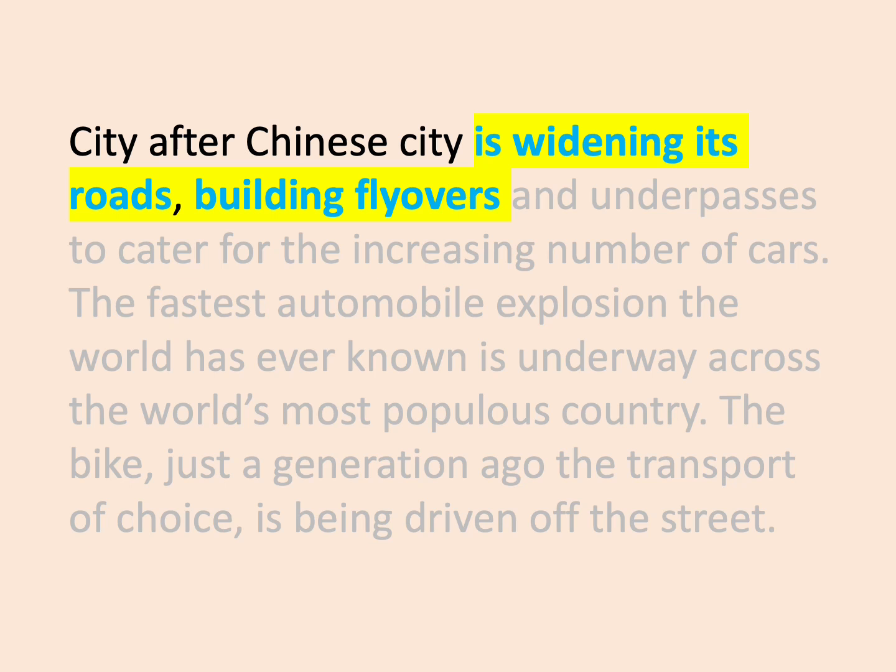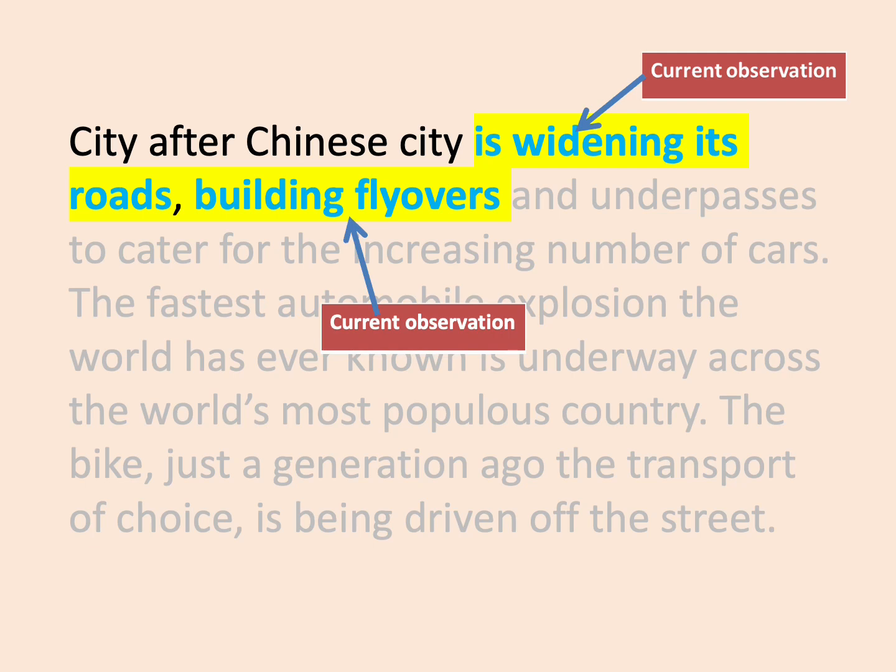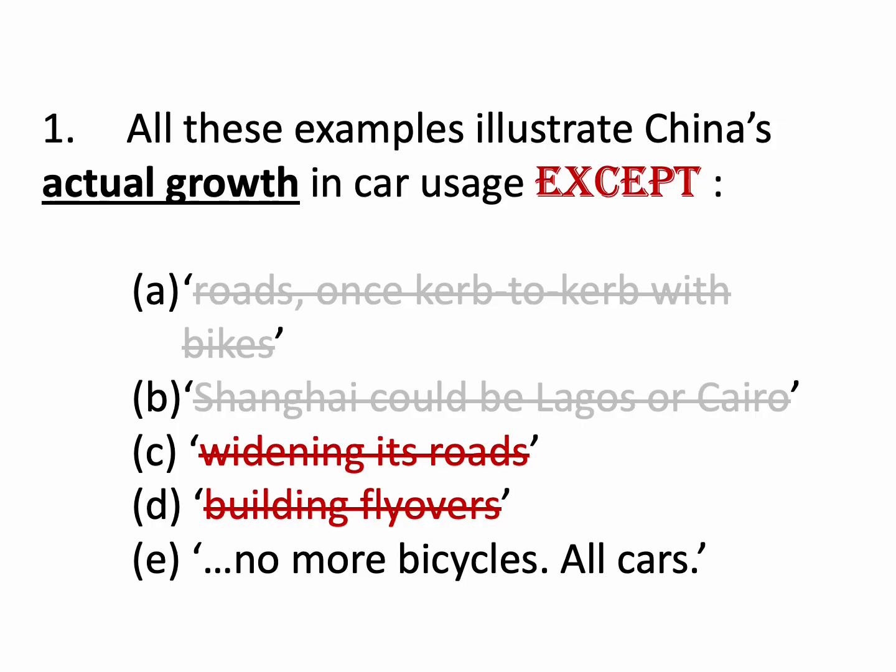Development in Chinese cities is highlighted, and such development is described as taking place in different forms. Each of which can be crossed off as having taken place or being actualized. So we're left with E.